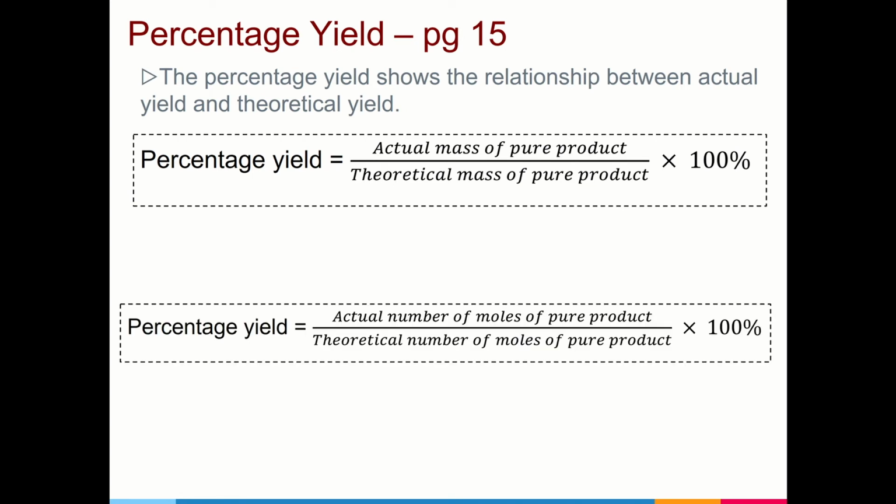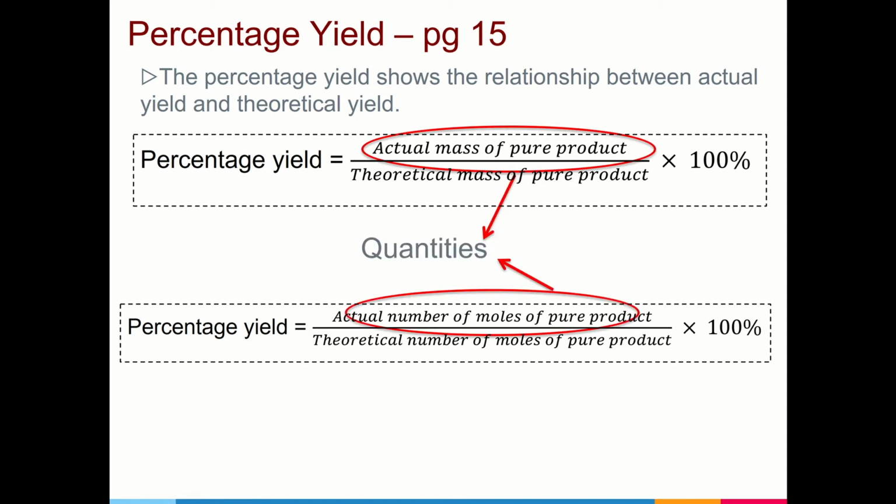Or instead of the mass, I can also look at the number of moles. Theoretically, I should get 10 moles. In the actual reaction, I also get 10 moles. This means my percentage yield is 100%. So I can either use actual mass or number of moles. They are both referring to quantities, so either one is correct.